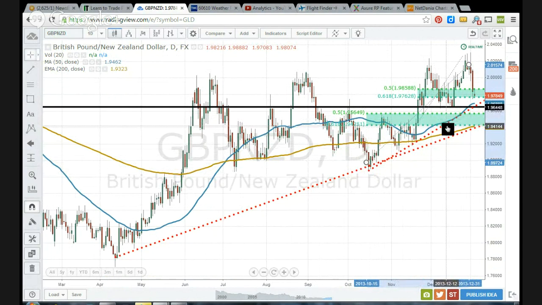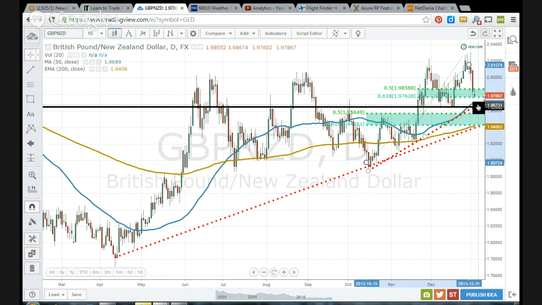So I just don't think it's time yet for pound Kiwi. Maybe we'll continue falling, and if we do, that might be an interesting opportunity to continue keeping an eye on. But at least based on today, where we currently stand, that's not something that I'm that interested in.